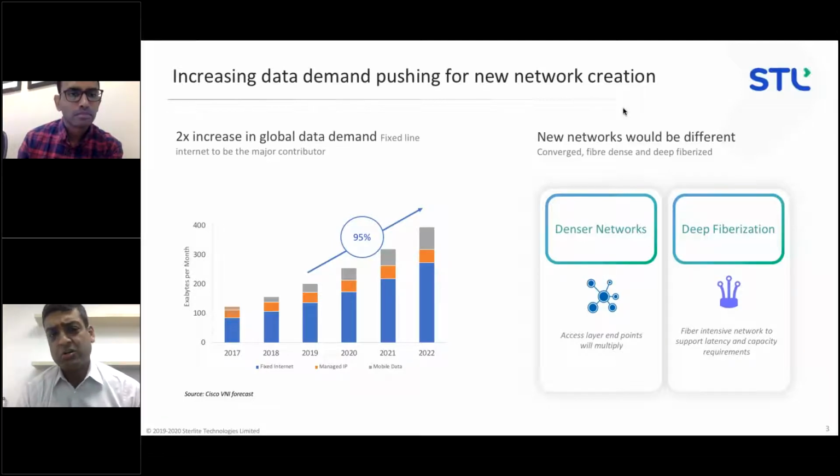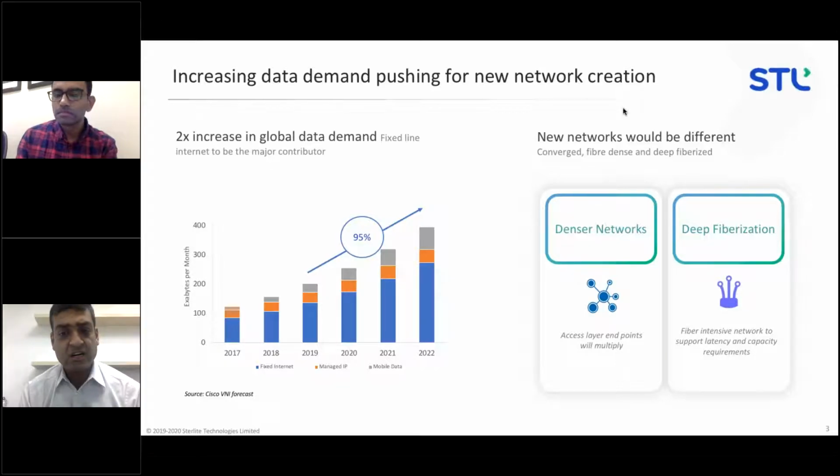In certain geographies, like India, this might actually be happening at a faster rate. But no matter what, we are seeing this extremely fast growth in data. As we see this explosion in data, we are also seeing that the networks of tomorrow are going to have to look a little different from what we have experienced in the past.